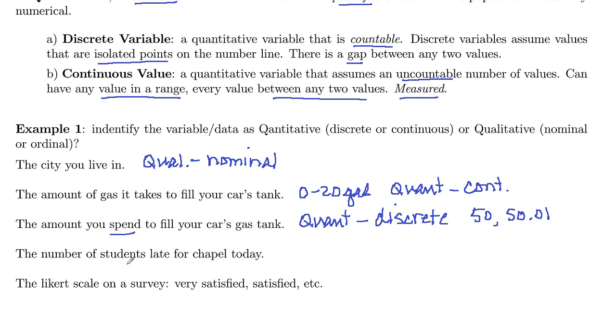The number of students late for chapel service. Well, you can't have half a student. These are definitely numerical, so it's quantitative. These are going to be 0, 1, 2, 3, etc. Those are isolated values. That's going to be discrete.